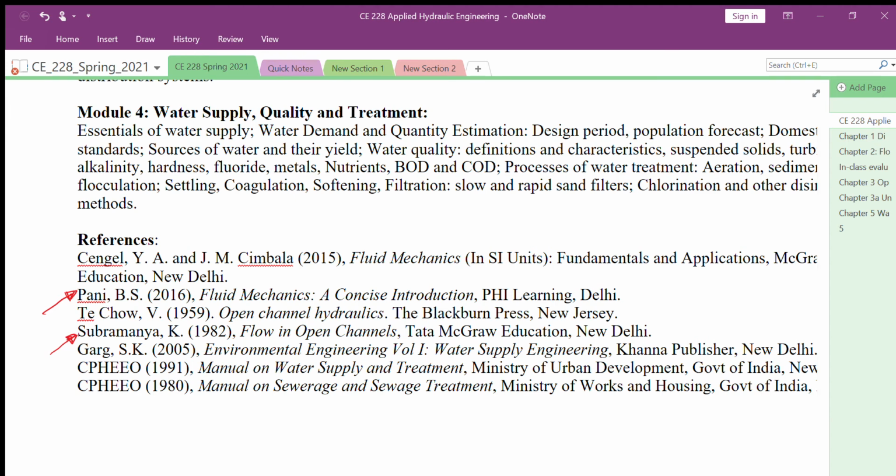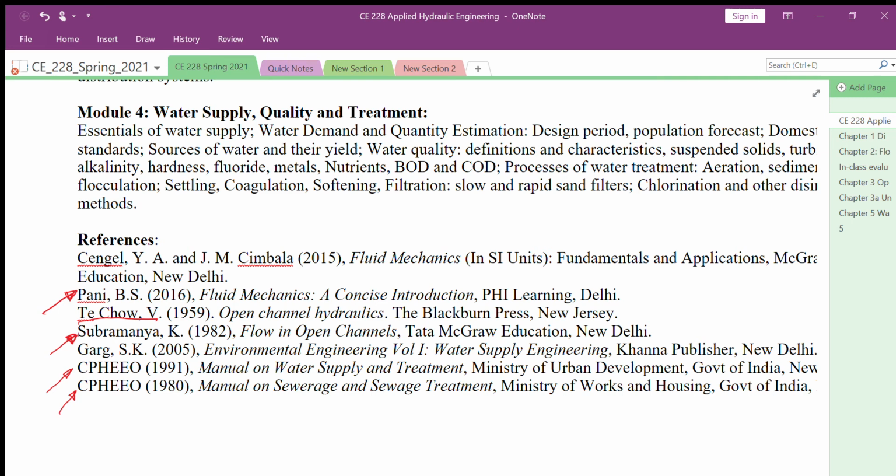However, if you're interested in another book on open channel flow, then I would recommend Ven Te Chow. This is one of the best books on flow in open channels. And when we discuss the details on water treatment, then we'll be referring to these CPHEEO manuals. So yeah, that's what you may expect to learn.